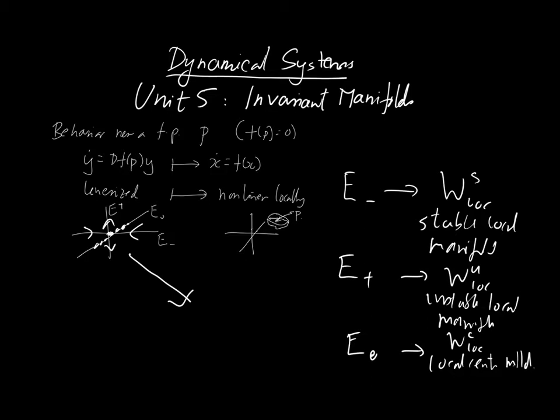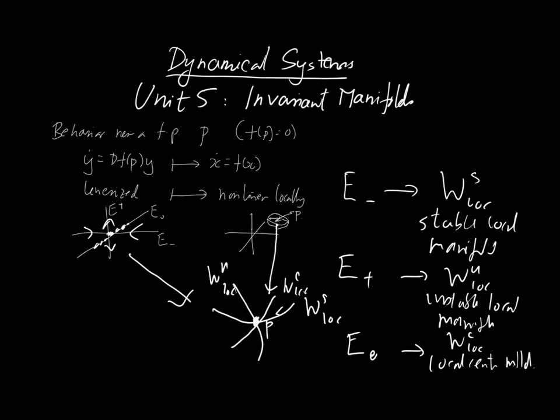And then corresponding to this, but inside the neighborhood of P, this is P, is WS loc, the curved version of E minus, WU loc, the curved version of E plus, and then WC loc.